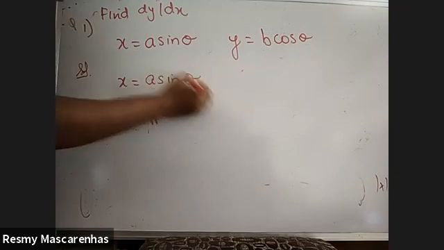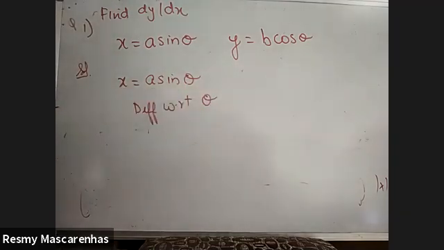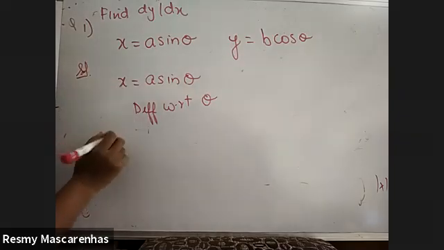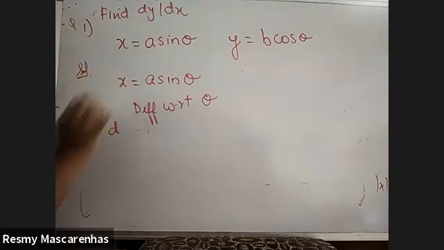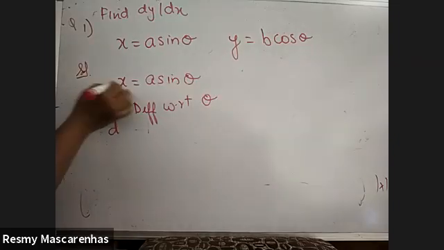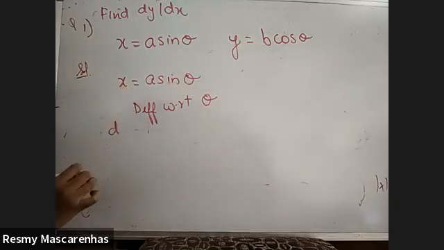So differentiate with respect to theta now. If this was t, it would have been t. If this was m, m. Any letter here would be same letter, you have to differentiate. Okay, so now we'll start differentiating this. It is not with respect to x now. If it was with respect to x, then the answer would have been 1.